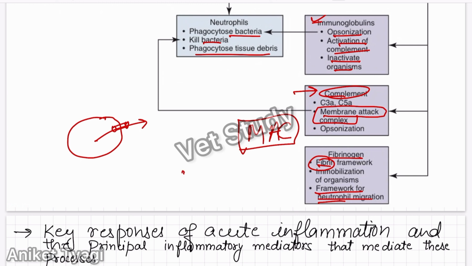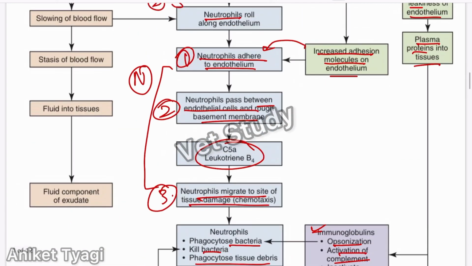So if bacteria are present here, fibrin will cover these bacteria and localize them, or any other inciting agent, to a site, so it will not move towards the other side, right? So this is the main function of fibrin.